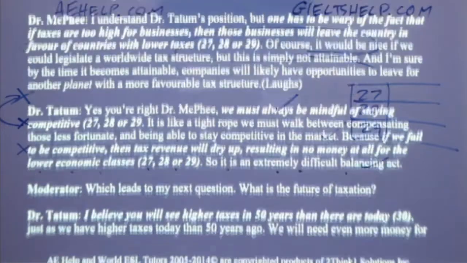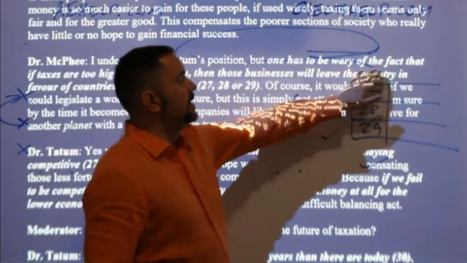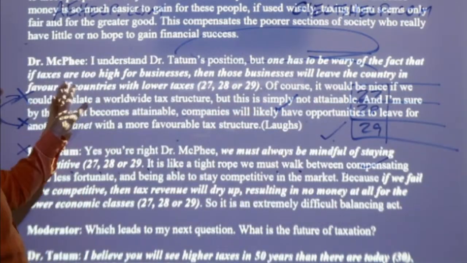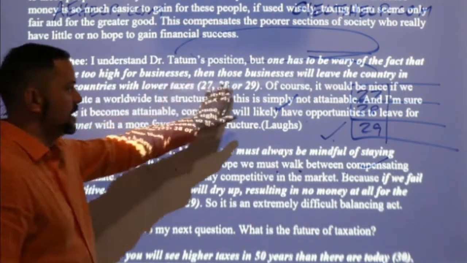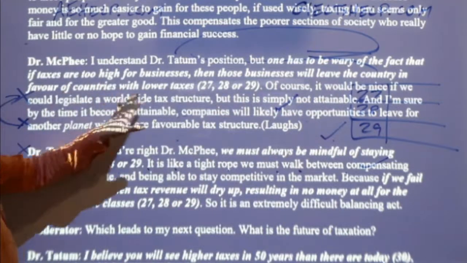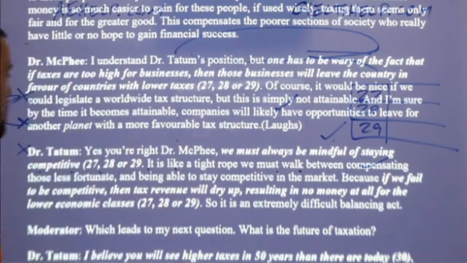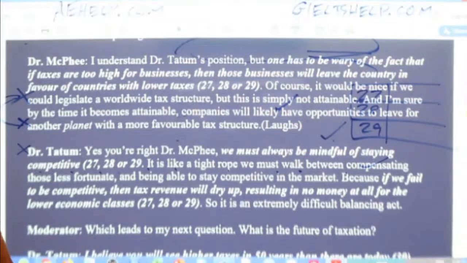And the final answer is coming from here. One has to be wary of the fact that if taxes are too high for businesses, then those businesses will leave the country in favor of countries with lower taxes. Okay? So that's where your answers came from. Whenever you're lost, if you don't know where answers are coming from, check the transcripts.